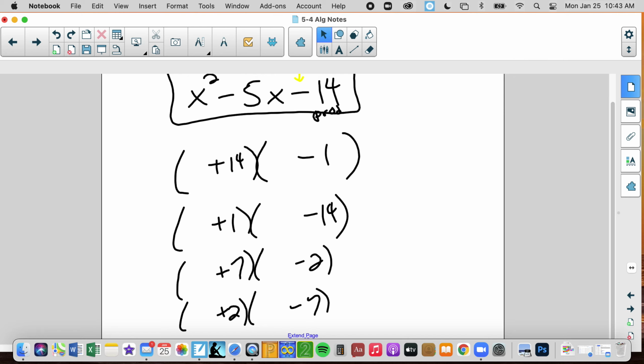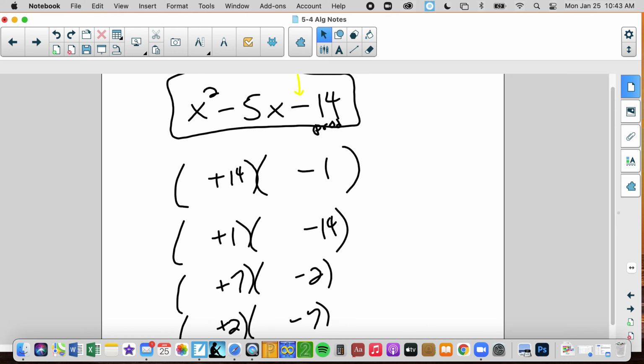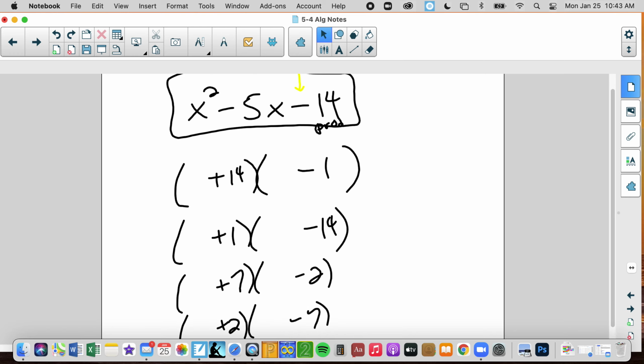So those are the 4 possible numbers that can go in that would produce negative 14. Remember, this is a product of the lasts. So positive 14 times negative 1 gives me negative 14. Positive 1 times negative 14 gives me negative 14. Positive 7 times negative 2 gives me negative 14.